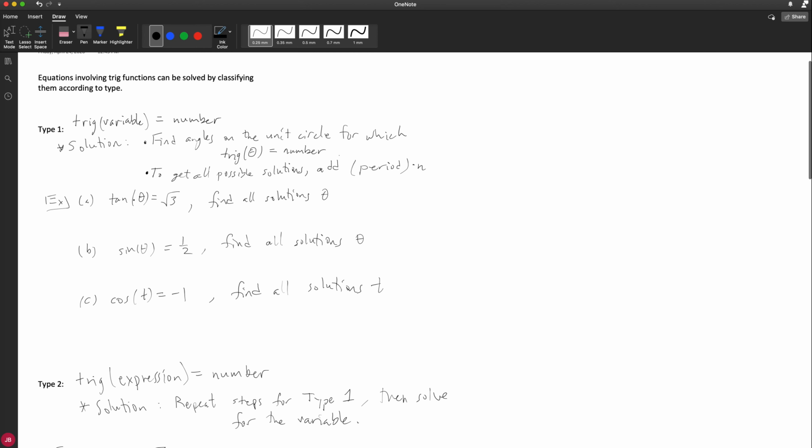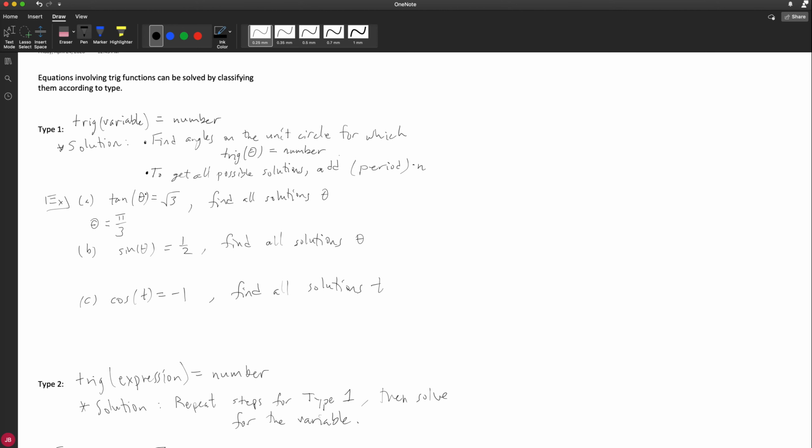So what you're going to do is go to the chart and look down the tangent column and find all of the angles that have output square root of 3. And if you see, I think theta, the first angle for which this is true is pi over 3, if I'm not mistaken. And now you'll notice you can skip down farther and you'll see that also angle 4 pi over 3 is another one.